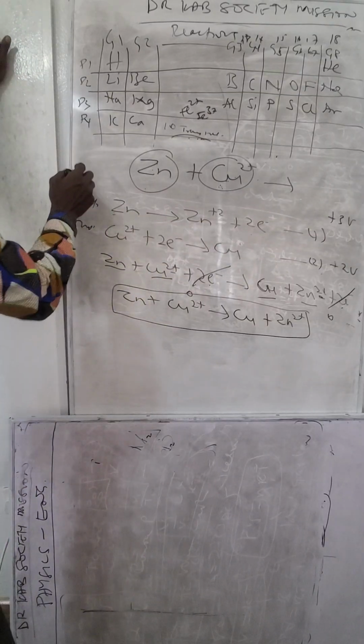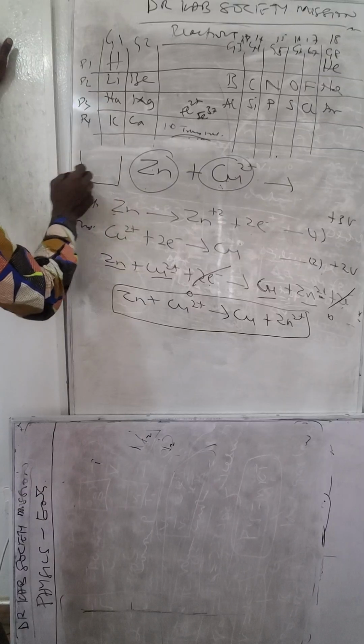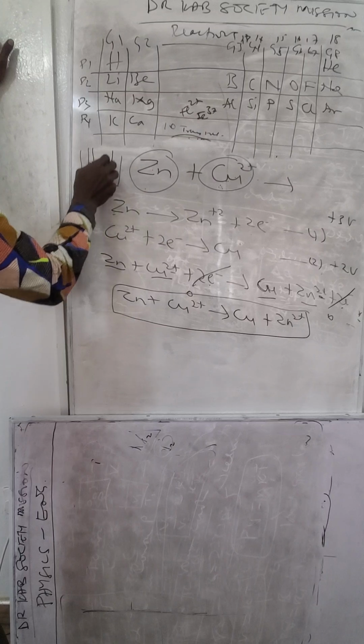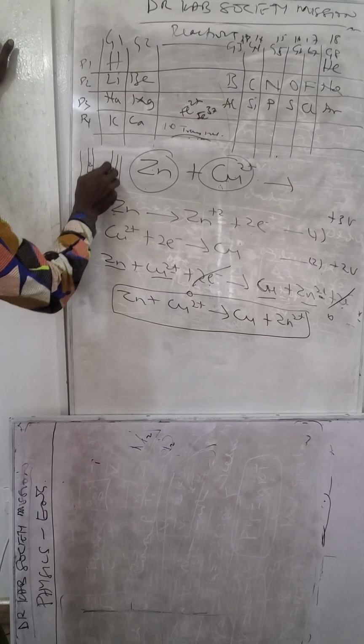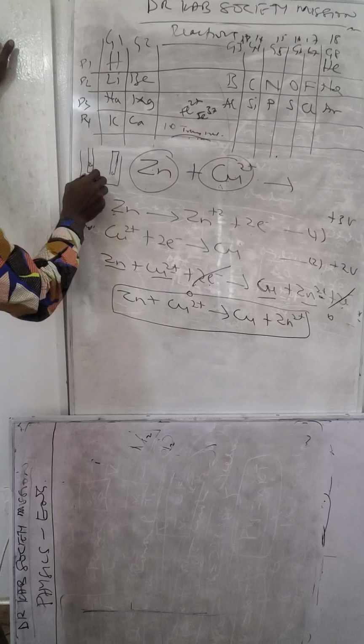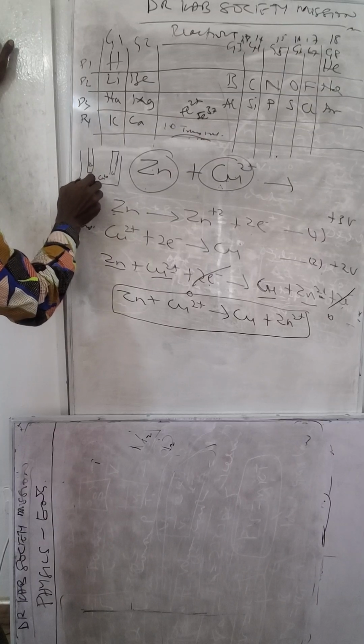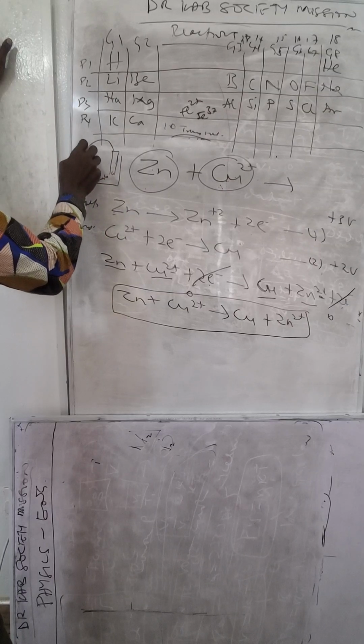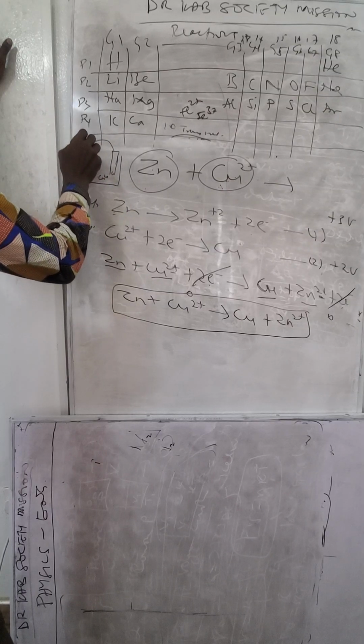So if you have a system like this, let's say this is my zinc, and this is my copper. Let's say I have my copper sulfate here in the solution. If I connect this with a wire, this is going to release electrons.